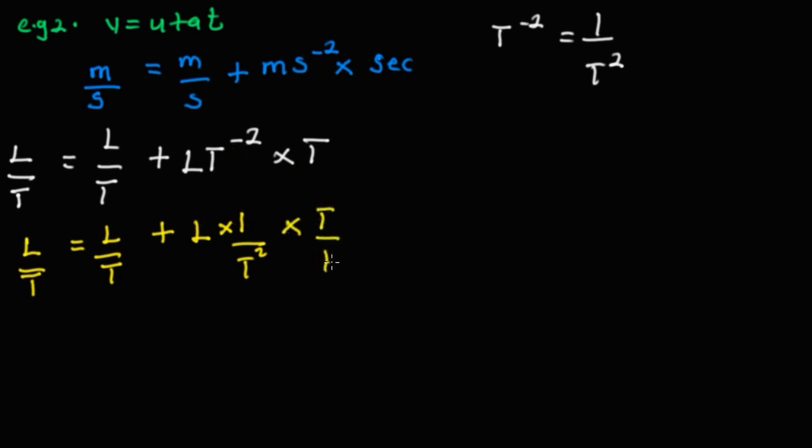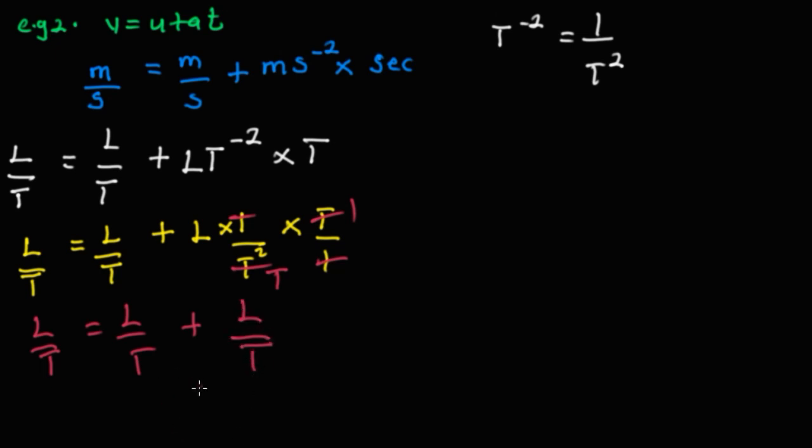T over 1. Now you observe that this one we cancel, this T cancels this one, and the same becomes 1. This T cancels and becomes T. We now have L over T is equal to L over T plus, you know that L times 1, the remaining one is going to be L over what?